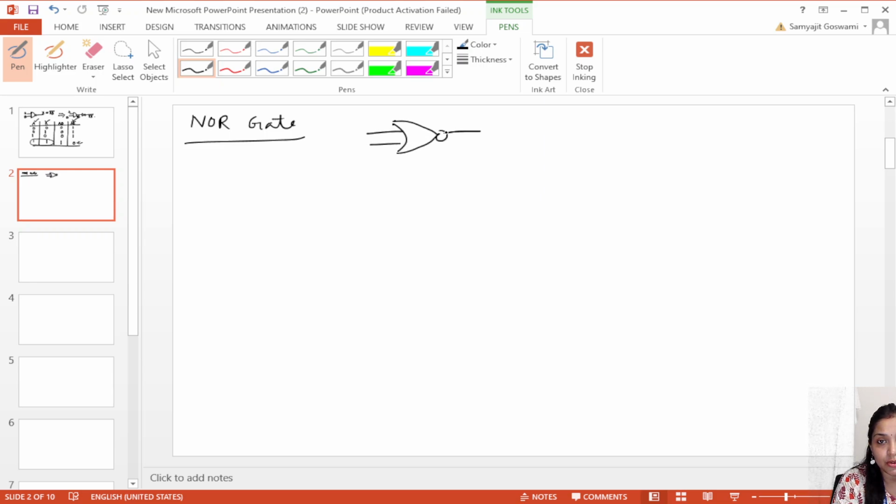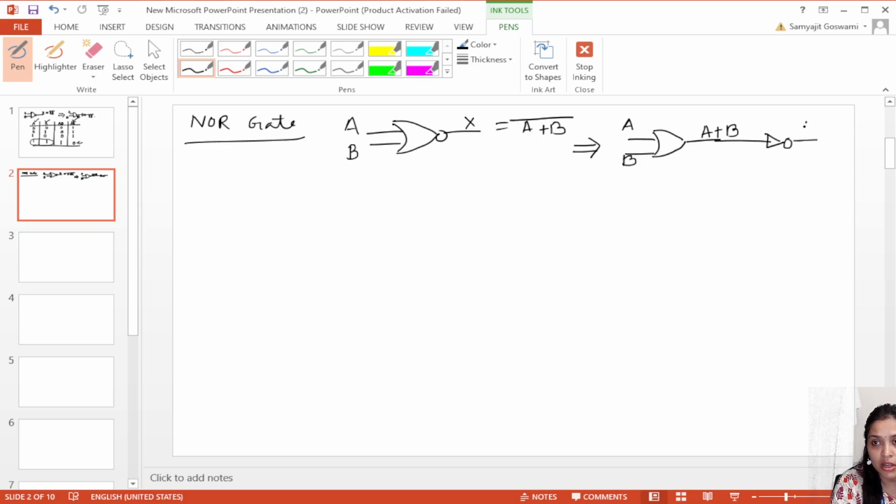This is A, this is B, this is X. X we will represent as A plus B bar. This is OR, meaning if A and B are the inputs, then the output will be A plus B. Then if I connect a NOT, it is A plus B bar.